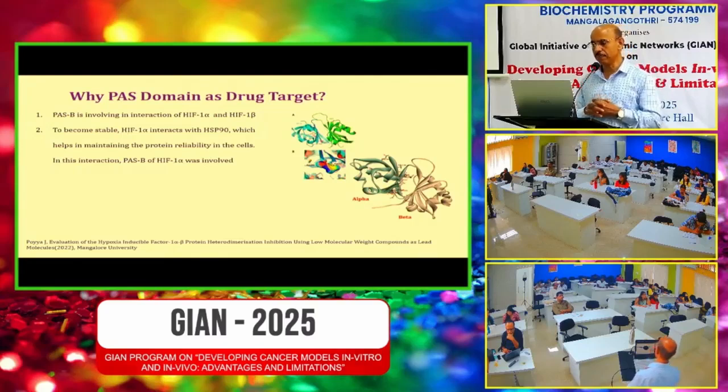When we were studying, we found that the PAS-B domain of HIF1 alpha is majorly involved in the interaction with HIF1 beta. Along with that, the PAS-B domain also interacts with another protein called HSP90. Most of the biology students are familiar with the HSP protein or heat shock proteins.